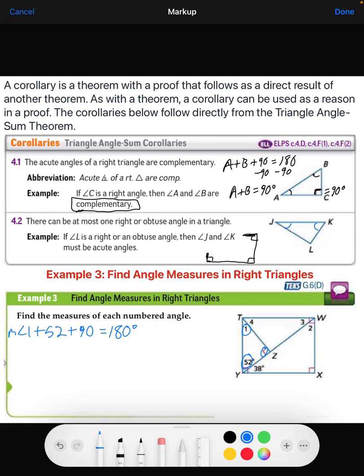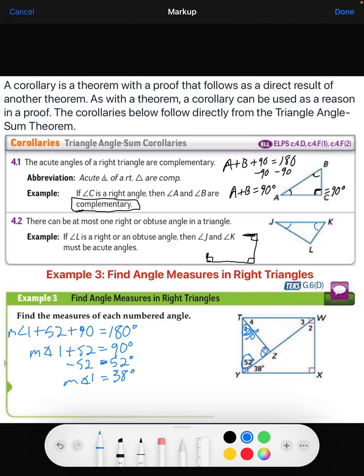When we put this together, we get that the measure of angle 1 plus 52 equals 90 degrees. Subtract 52 from both sides, we get the measure of angle 1 equals 38 degrees.